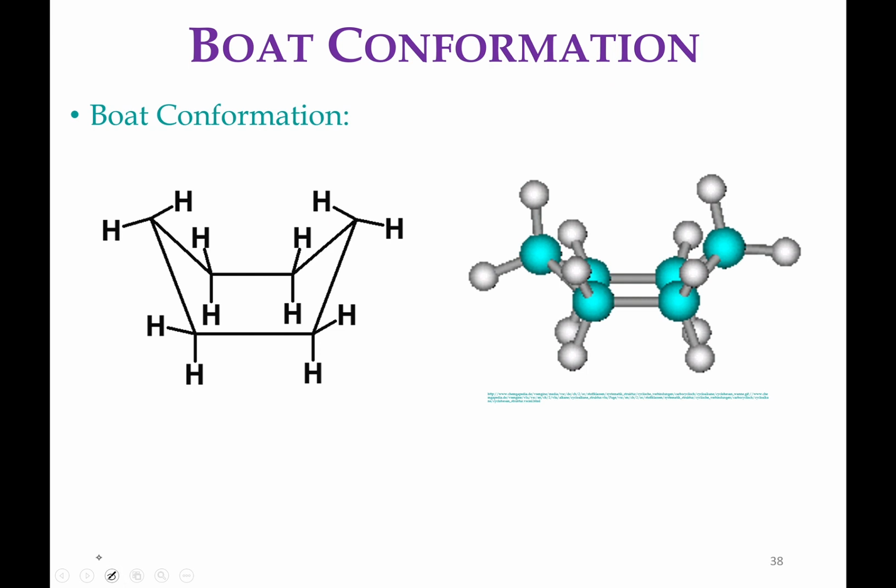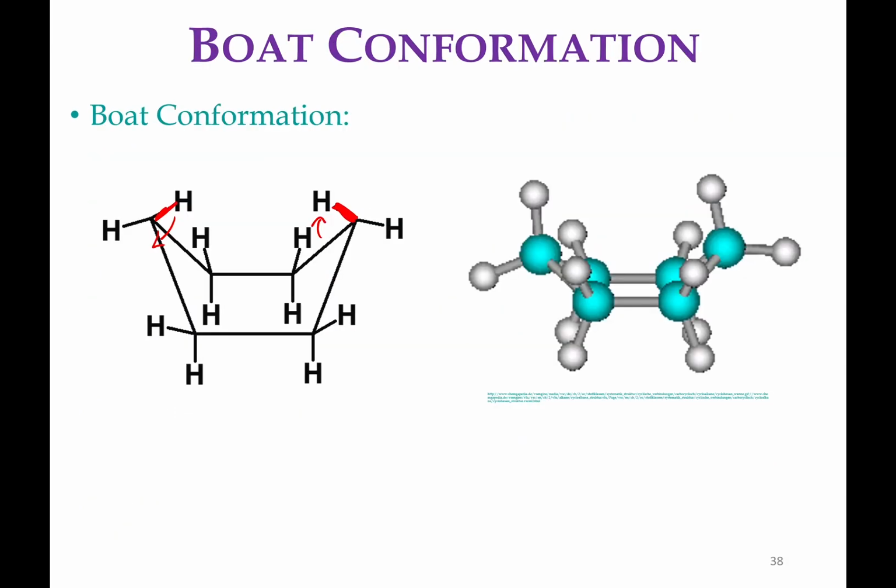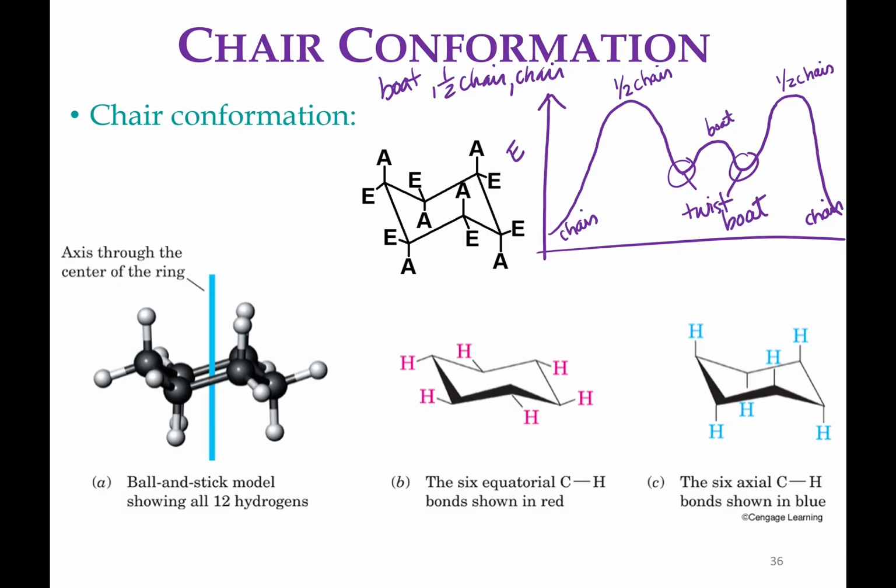The flagpole effect, this is the boat here, and these hydrogens that are here and here are called flagpole bonds, and they result in what we know as steric strain. So they twist a little bit off to the side so that we don't have that flagpole problem.